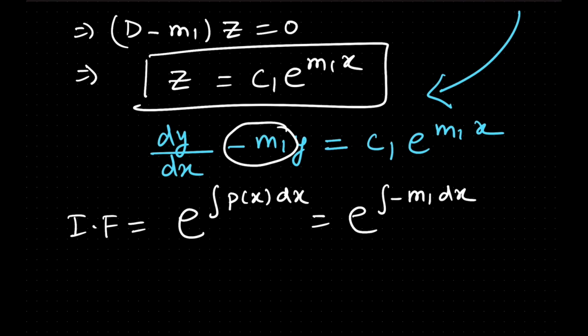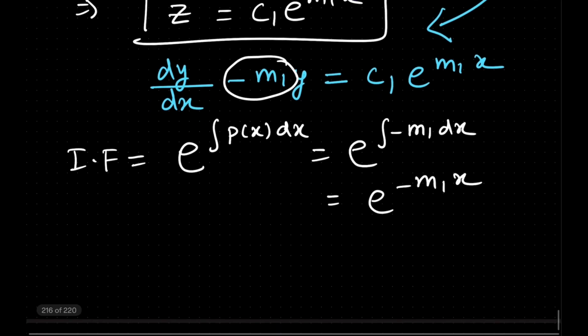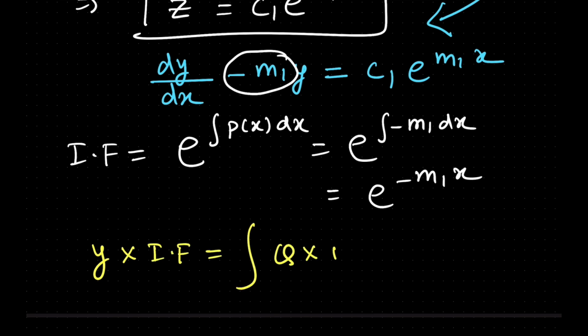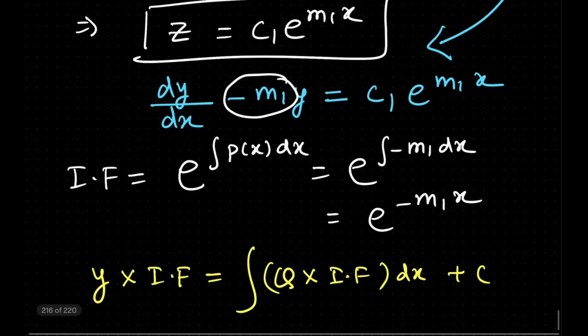Since m1 is constant, we will get e to the power of minus m1 x. Now our formula for the linear differential equation is y into integrating factor equals integral of Q into integrating factor dx plus c. So this is our Q.